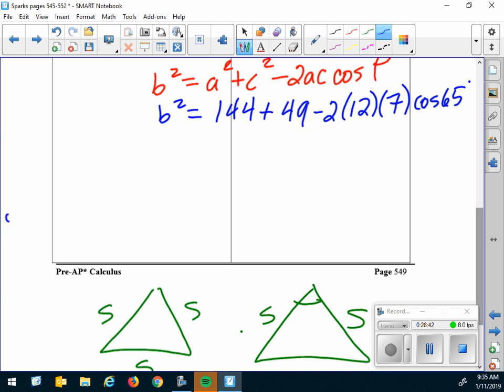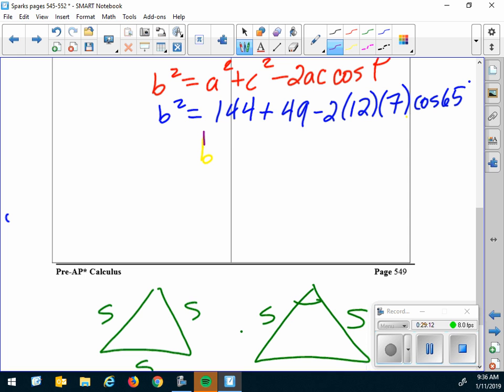Now here, listen, I had somebody yesterday do this. They typed in all of this, hit enter, and then multiplied that answer by cosine of 65 degrees. Why did that give them the wrong answer? That's right, this part's not being multiplied by cosine. So we're just going to type that in as is. Remember to square root your answer because you're going to get a b squared.